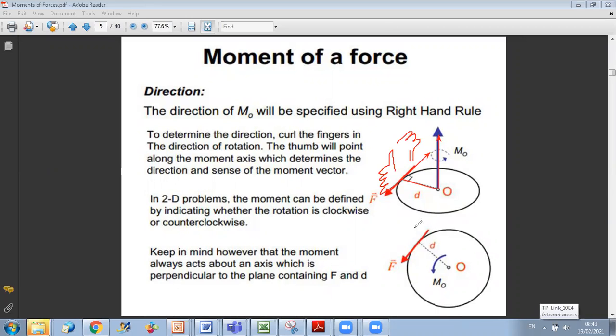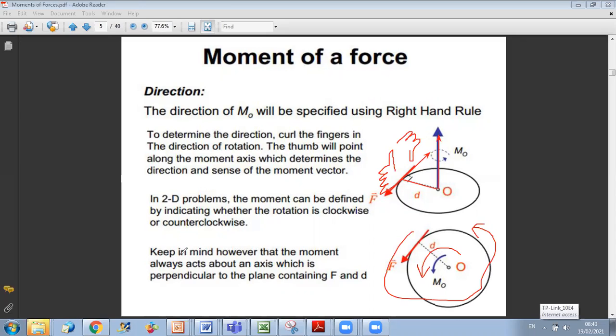You draw F, and you can see in which direction F is rotating. F is causing counterclockwise rotation here. So you can just represent the moment by an arrow like this, and say this is the direction of the moment. So in 2D, we can just identify the sense of M as clockwise or counterclockwise.